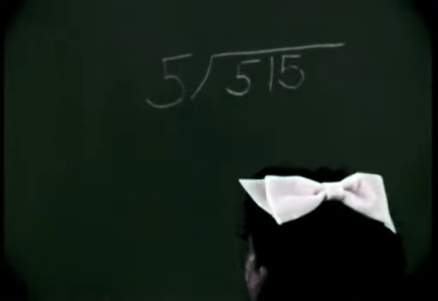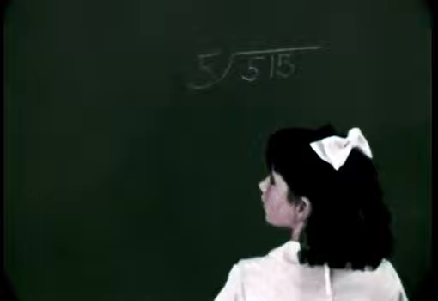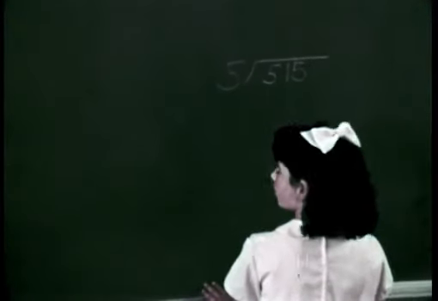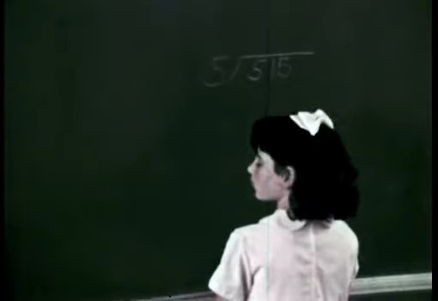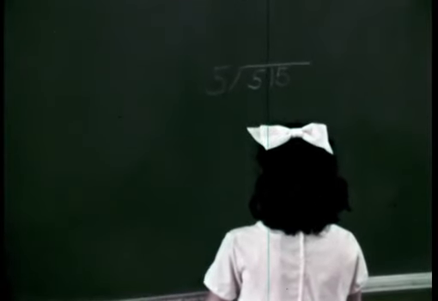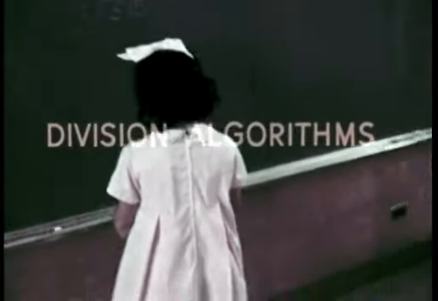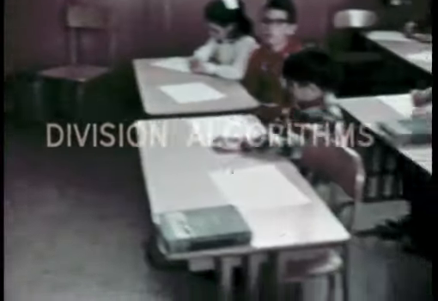And what does that mean? 5 divided into 515. Yes, or how many 5s in 515? Now I'd like you all to copy that example on your paper. All right, you go back to your seat now, and we'll work it out at our seats.